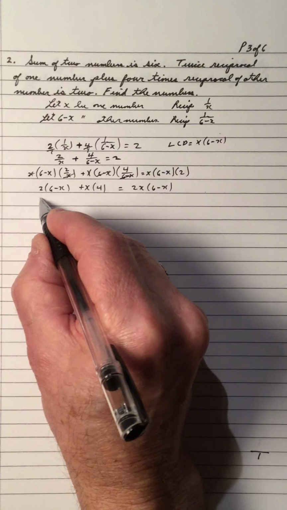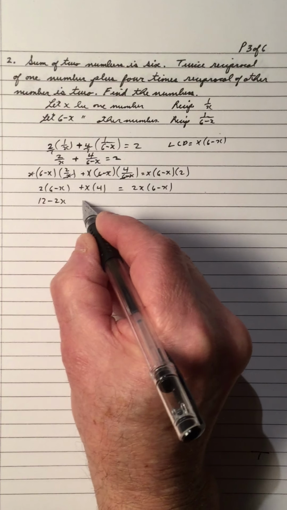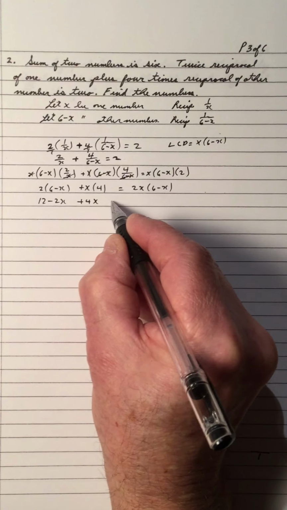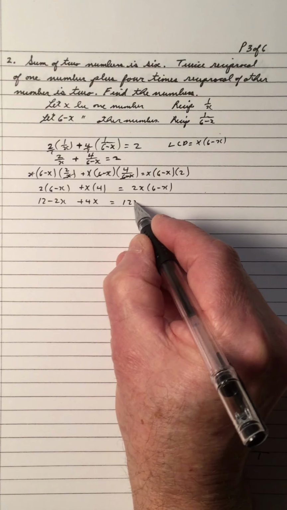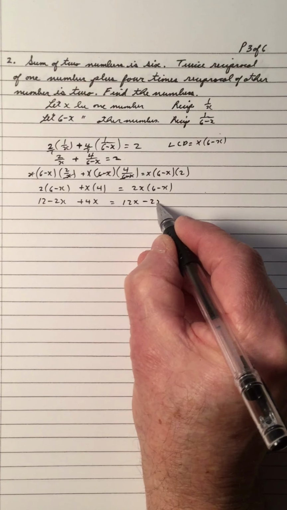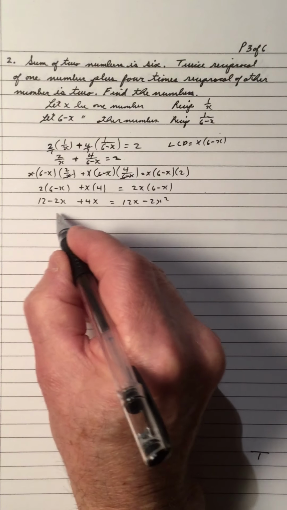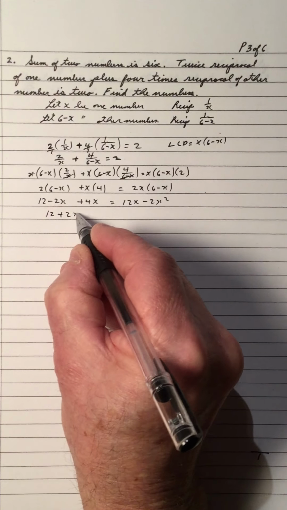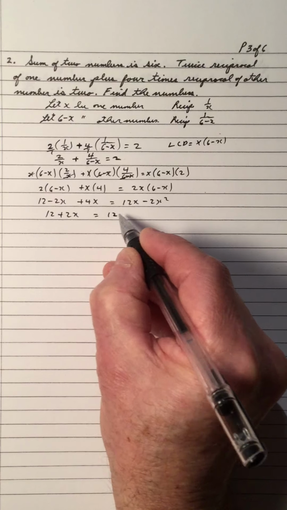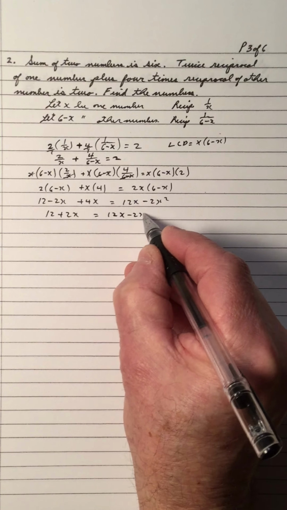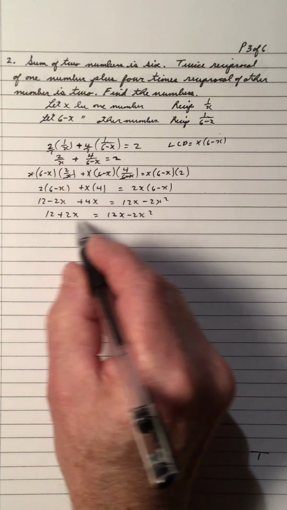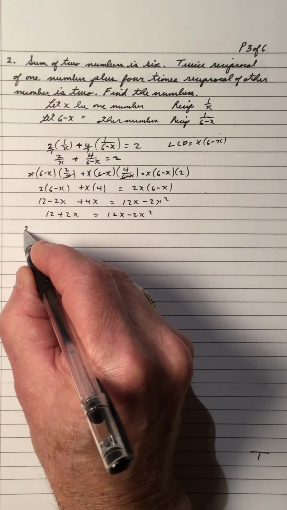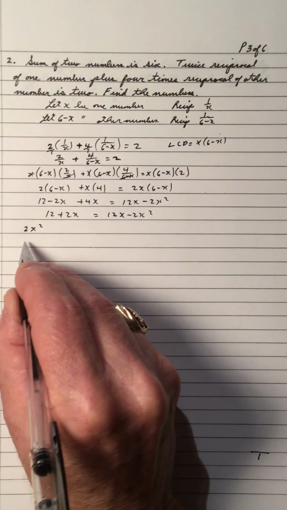Now I'm going to simplify. 12 minus 2x plus 4x equals 12x minus 2x squared. Simplify each side, and I get 12 plus 2x equals 12x minus 2x squared. Quadratic, so move them all to the left side in descending order.